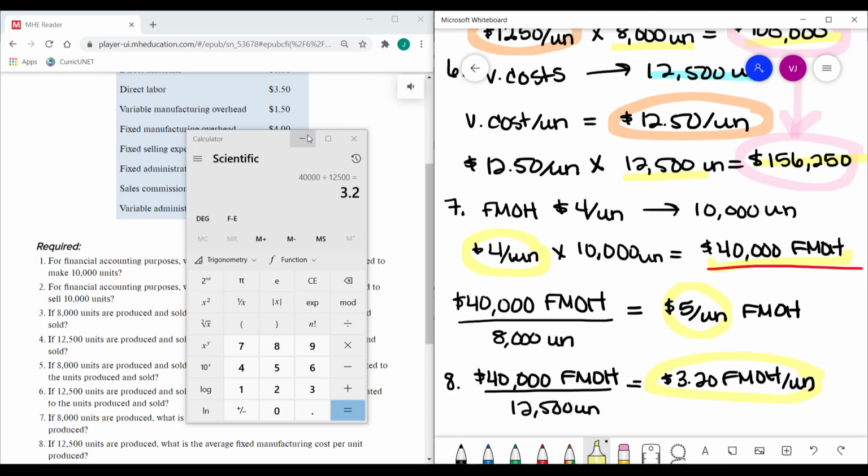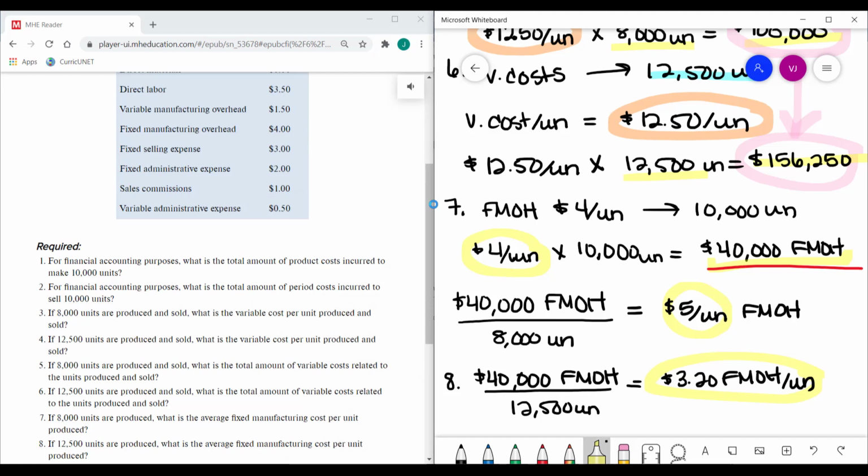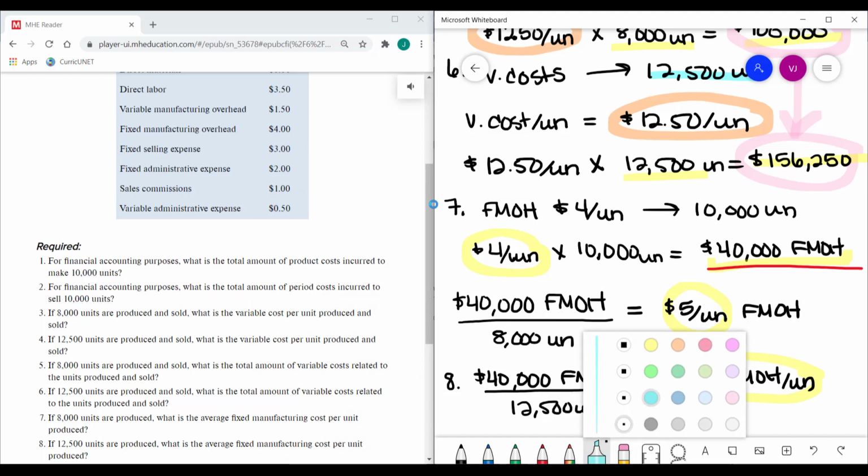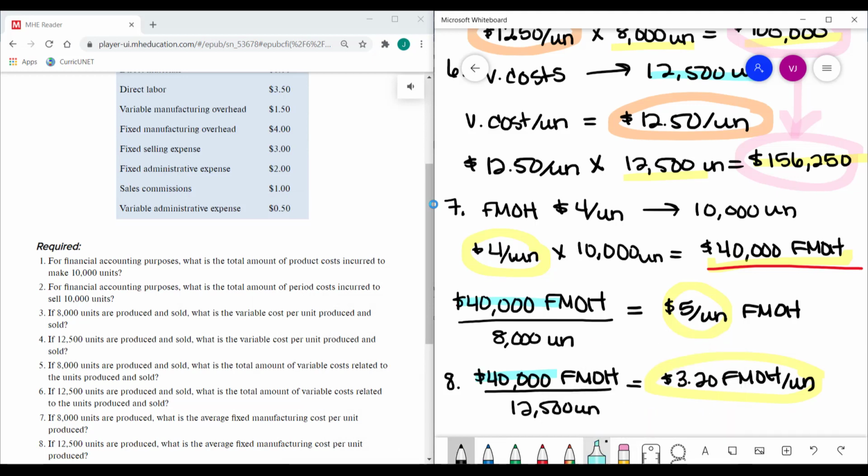So it's the same $40,000 overall in total for the period, right? But depending on how much we actually produced in spending that fixed overhead, the per unit amount of fixed overhead differs. When we go from 8,000 units of production to 12,500 units of production, we're spreading that fixed overhead amongst more units. So we go from $5 per unit of fixed overhead down to $3.20 of fixed overhead per unit.